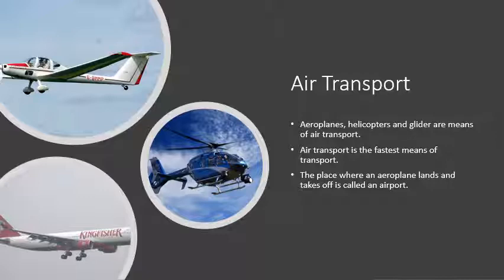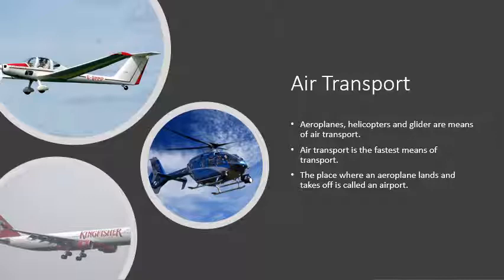So children, in this video we have studied the different types of transport: land transport, water transport and air transport. Land transport moves on land, water transport moves in the water, and air transport moves in the air.